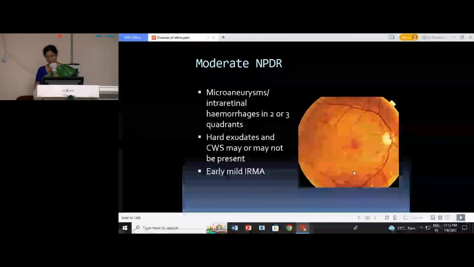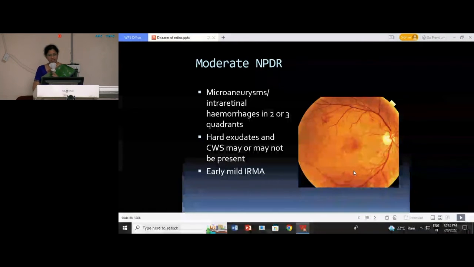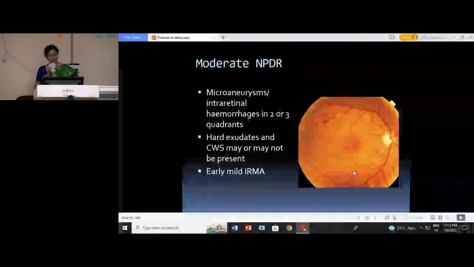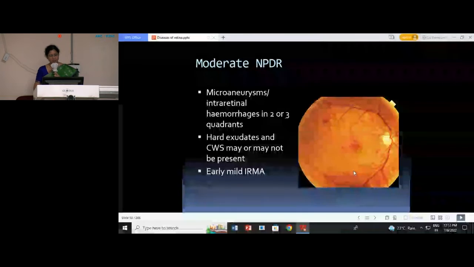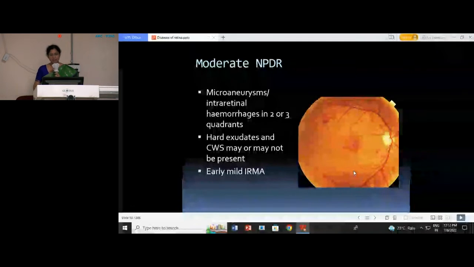The retina is divided into 4 quadrants: the supratemporal, supranasal, infranasal, and infratemporal quadrants. Hard exudates and cotton wool spots may or may not be present, with early mild IRMAs. That is moderate NPDR.